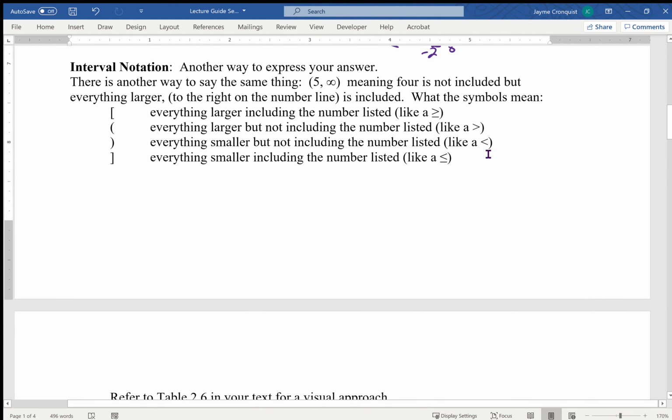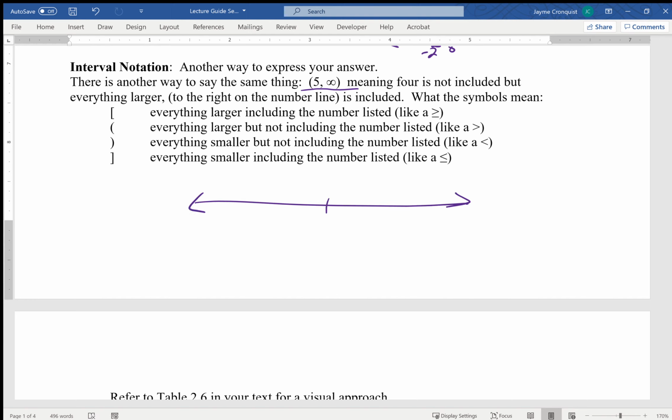All right, interval notation. Basically, this is done just like you're working on a number line. So, for example, this would be 5 with the open parenthesis, and it's going to infinity, so it includes that section.